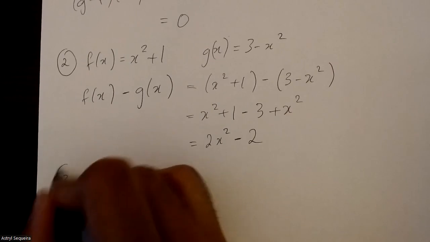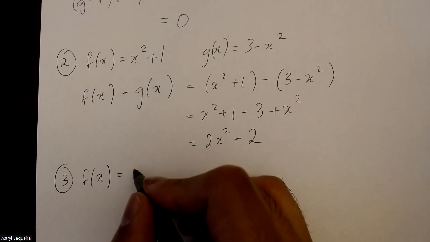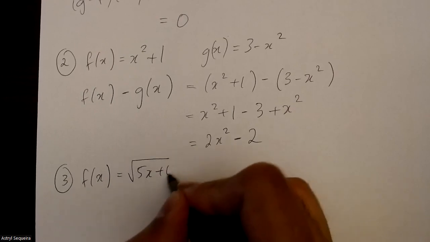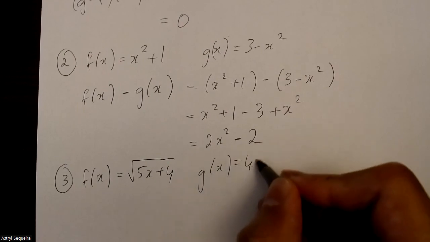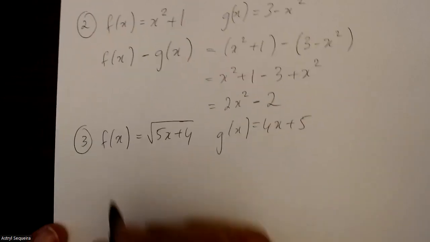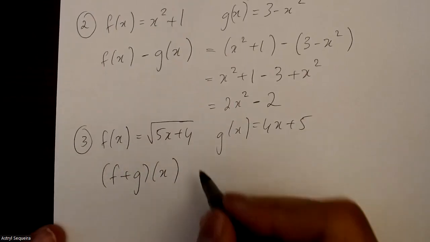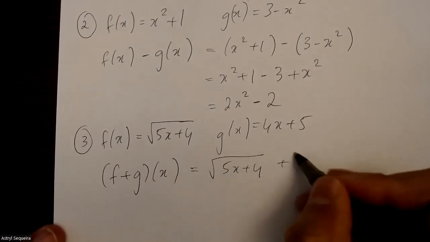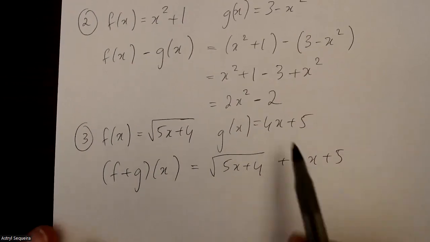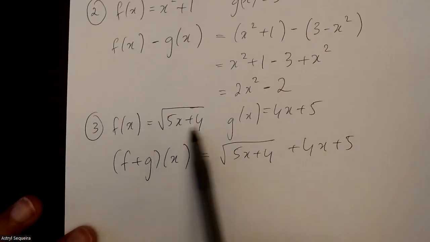Third question, we have f of x equals root of 5x plus 4 and g of x equals 4x plus 5. We need to find the domain of (f plus g) of x. So f plus g of x is just the addition of these two functions, root of 5x plus 4 plus 4x plus 5. This is just a simple linear function, so there's no domain restriction for a linear function, which means we only need to worry about the domain of the square root function.